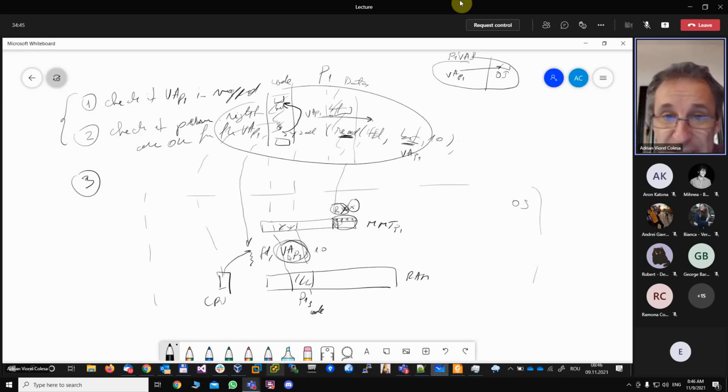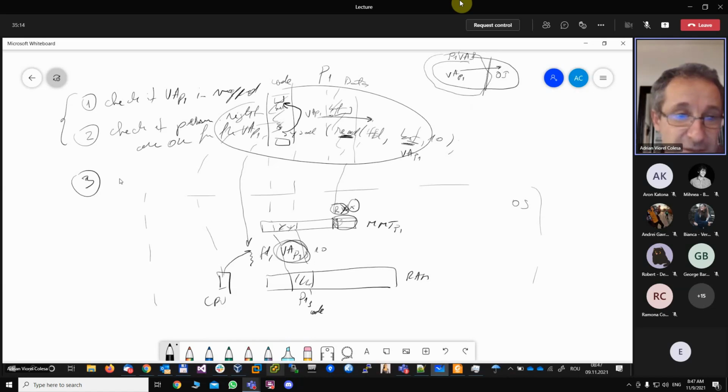So that virtual address must be in that part of the process virtual address space, okay, and not going over this limit, okay?